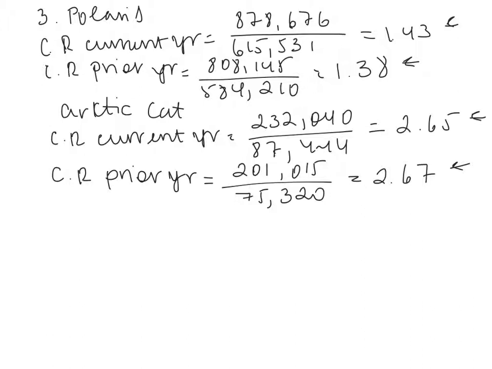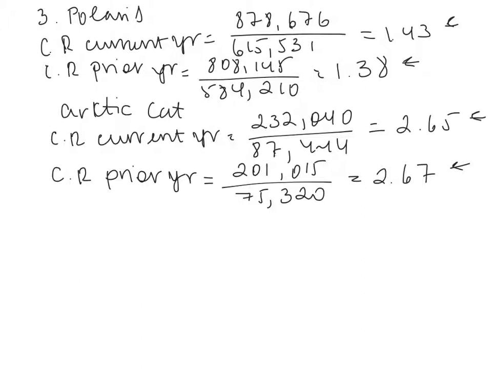Now, when analyzing the changes from year to year, we find that the current ratio for Polaris rises from 1.38 to 1.43, which means the company is improving its ability to pay current liabilities using current assets. And Arctic Cat's ratio remains pretty much the same. It slides just slightly from 2.67 to 2.65.